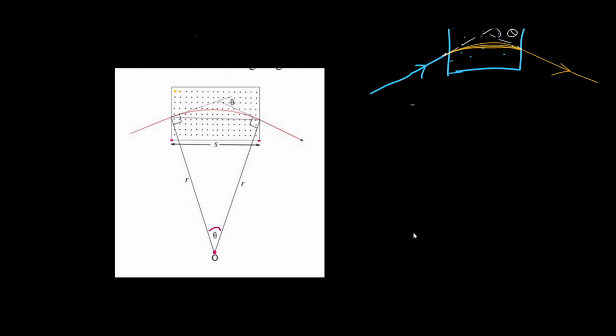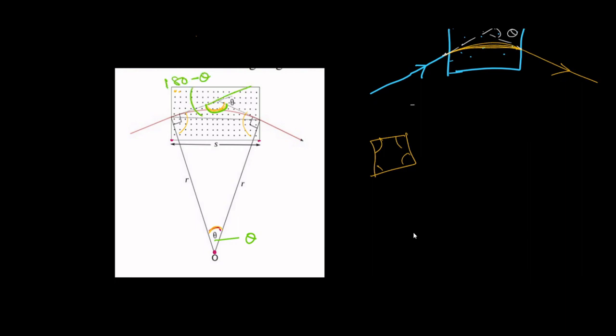So we know the angles of a quadrilateral add up to 360, so if two angles are 90 and 90, the opposite angles have to add up to 180. So if this angle over here is theta, this is 180 minus theta.